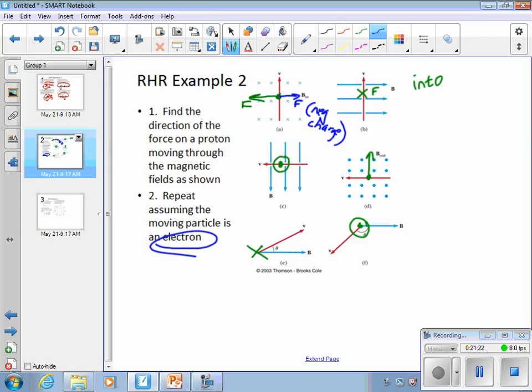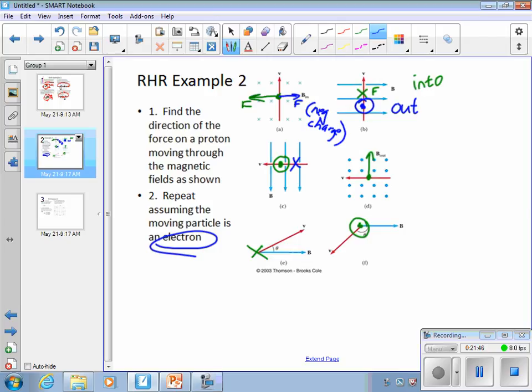Unless you have different colors, you'll have to distinguish a little better. Okay, so this one is going to be coming out of the page. Okay. C is going to be going which way? It's going into the page.